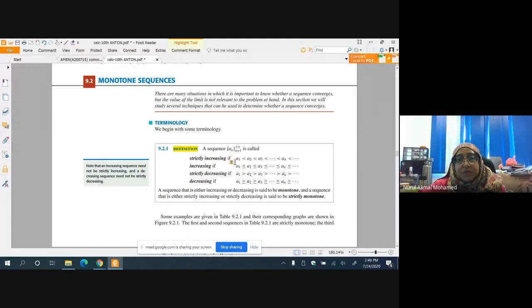So you don't have the equality sign for strictly increasing. But for increasing, it is okay to have the equality sign. It's the same for strictly decreasing. You don't have the equality sign for this one. But for decreasing, you have the equality sign.